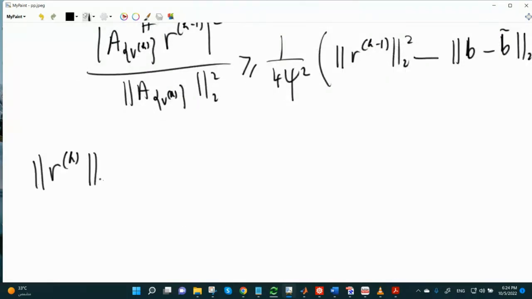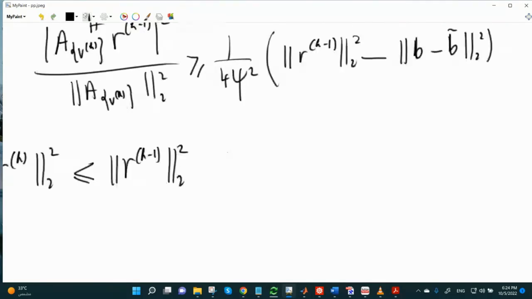So this r of k squared is now less than or equal to this term, and again, this is a lower bound on this quantity. We have it with a minus sign. So with a minus, we have an upper bound which looks like this.